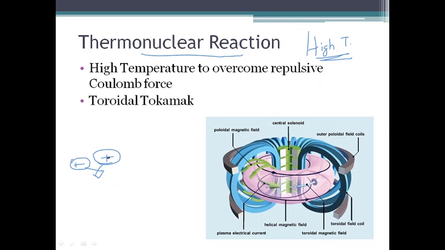Both nuclei have positive charge, and as they come closer, there will be very high Coulomb repulsion between these two nuclei. So in order to overcome that, the energy maintained in a fusion reactor should be very high, and hence the temperature should be very high.